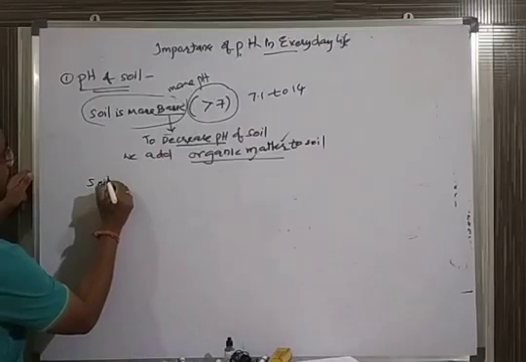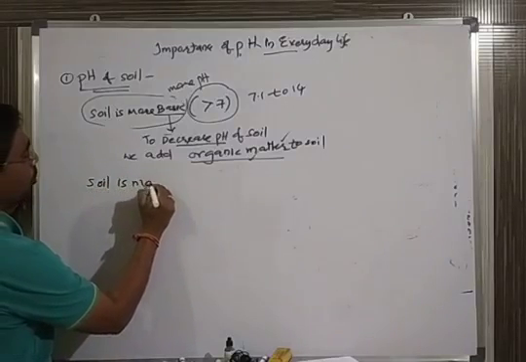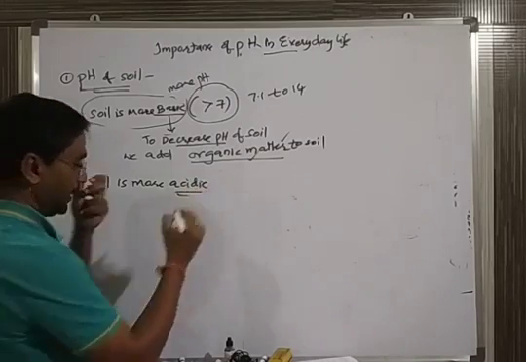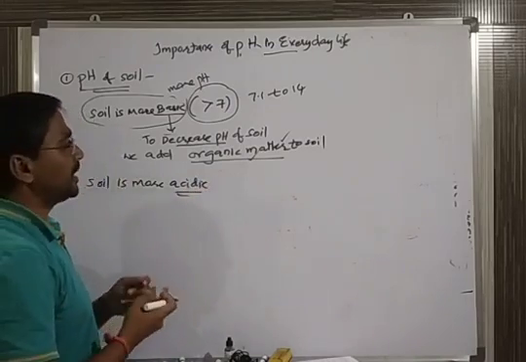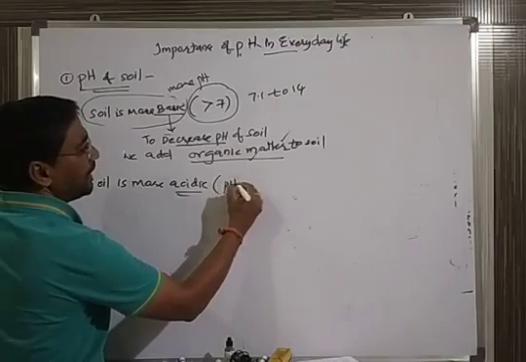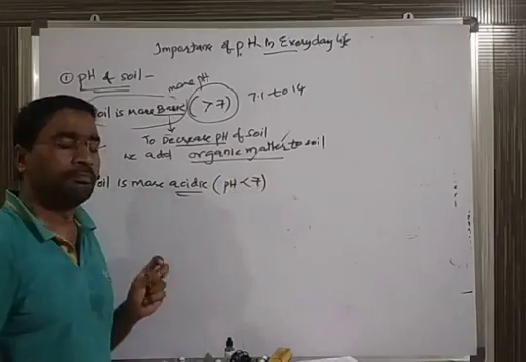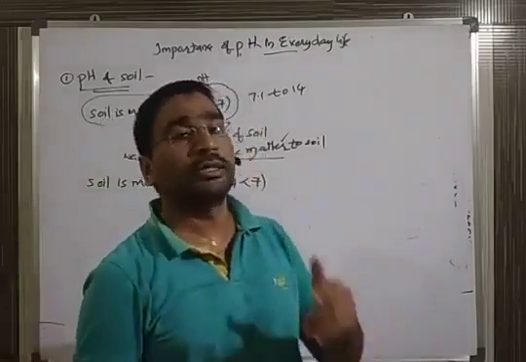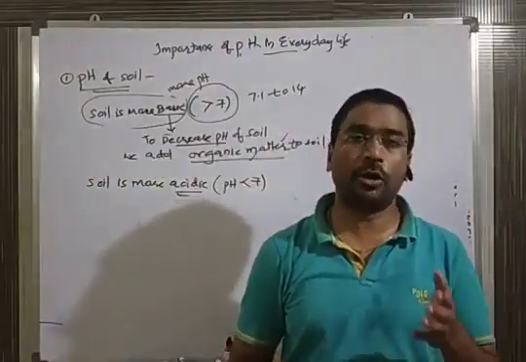Similarly, in some environments, if the soil is more acidic, unfortunately, more acidic means the pH is less than 7. If the soil is more acidic, some crops may not grow.